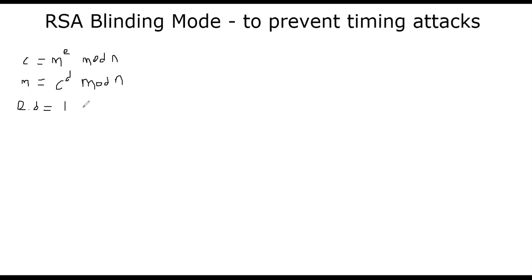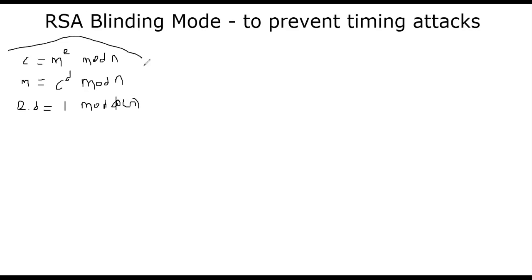We talked about a couple of alternatives. Anyway, I will use Euler's totient function here; some implementations use the Carmichael function that we talked about in the previous segment. So E times D is 1 mod phi of n, where phi of n is Euler's totient function. All right, so this is the classical model.